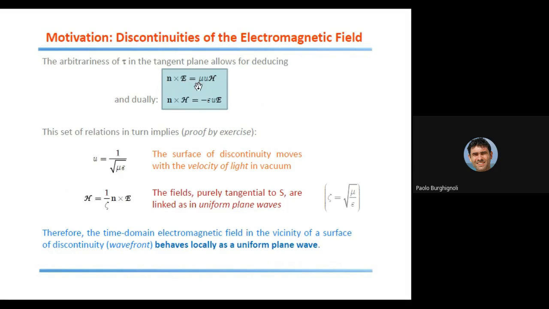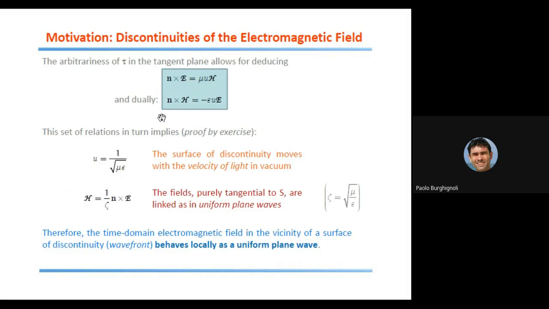And dually, from the dual law of Maxwell, the Ampere-Maxwell law, you would get exactly the same with the dual quantities. So n cross H is equal to minus epsilon u times the electric field E.